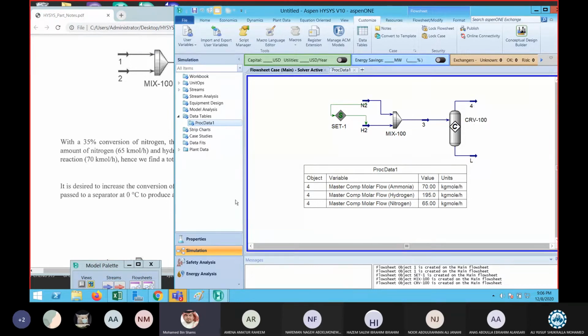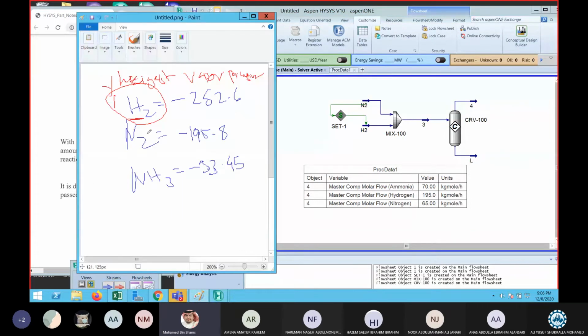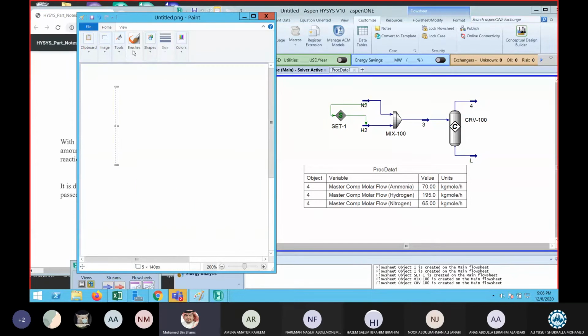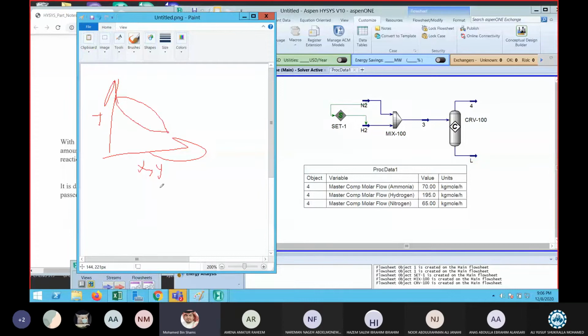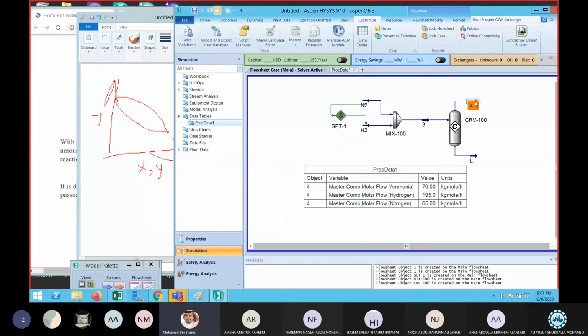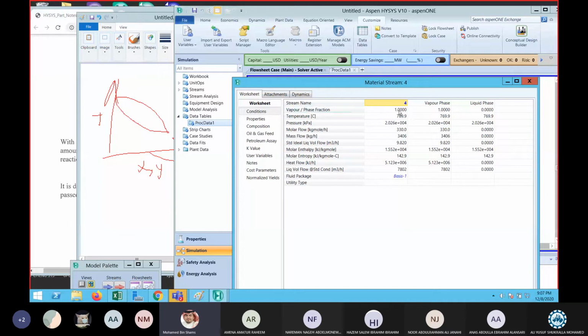Just to remind you of the thermodynamics: in Thermo you have temperature, X and Y, and you have these nice diagrams. Now I am here because everything here is in the vapor phase.